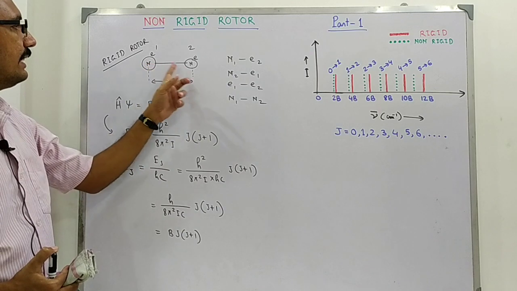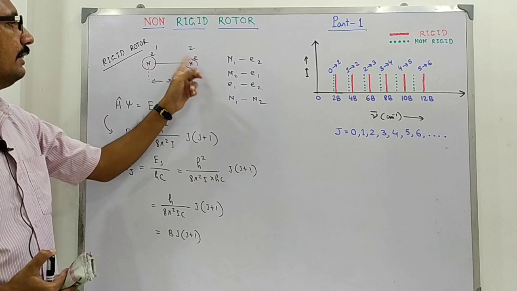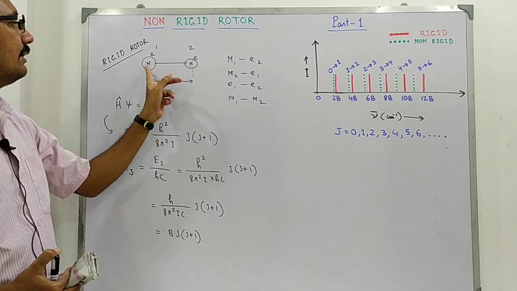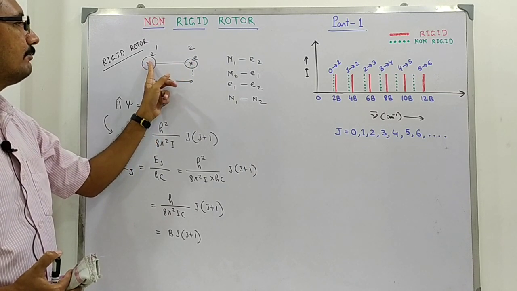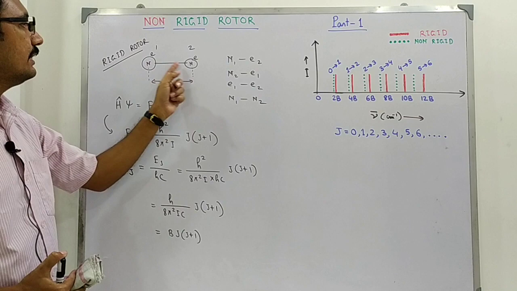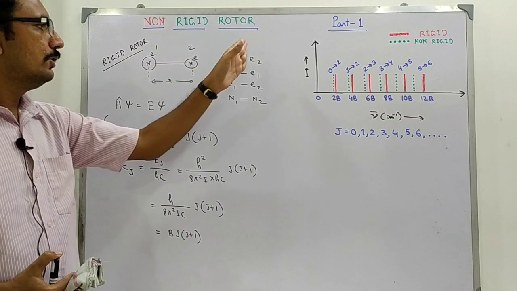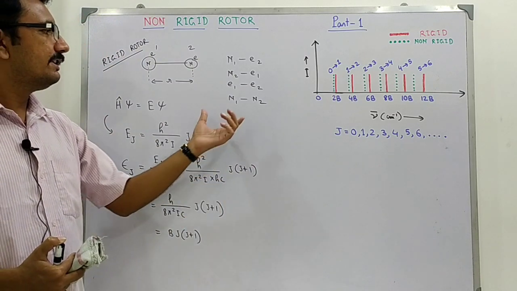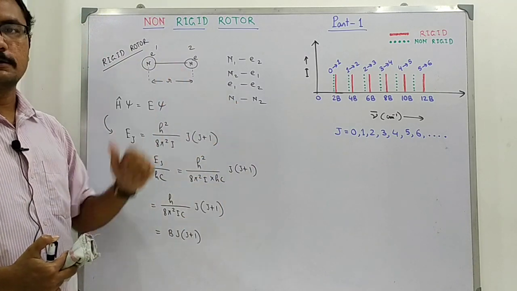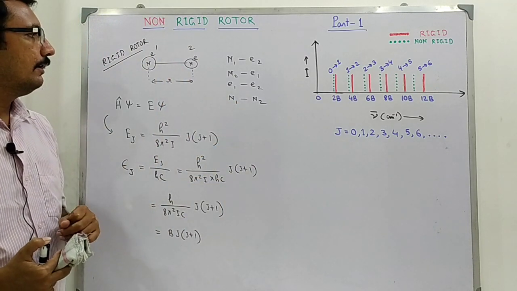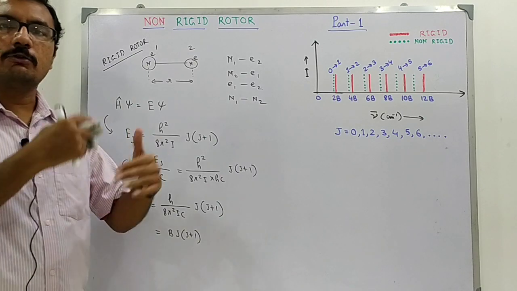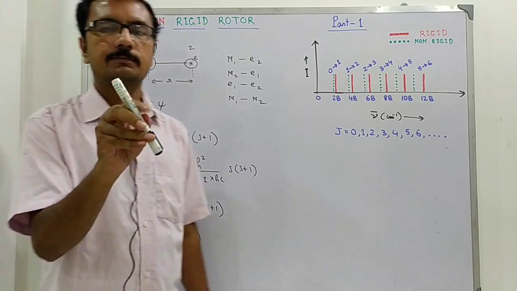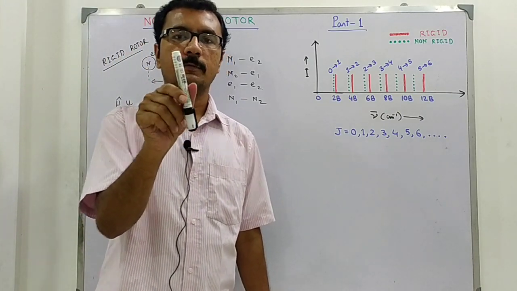So, this nucleus will attract the electron cloud of this atom, this nucleus will attract the electron cloud of this atom, and there will be nucleus-nucleus repulsion, and there will be electron-electron repulsion. So, two attraction forces and two repulsion forces will determine the internuclear distance. Now, when a molecule is rotating, when this rigid rotor is rotating, what will happen?